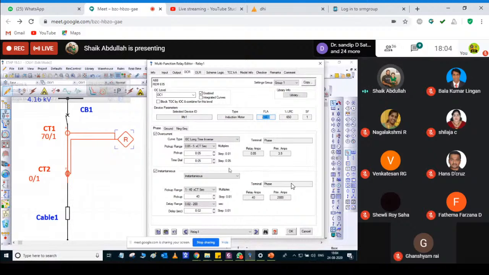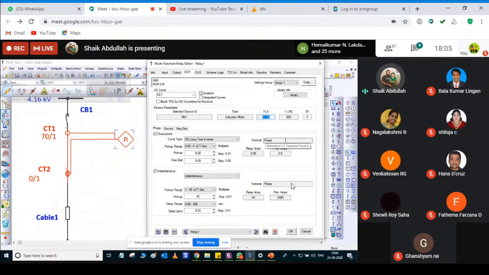What I am assuming, you can give 10% to 30% as overcurrent, not overload. There is a difference between overload and overcurrent. I'm talking about overcurrent, and I'm adding only 10%. In the Middle East we used to add 30%, but in India we are going to use only 10%.